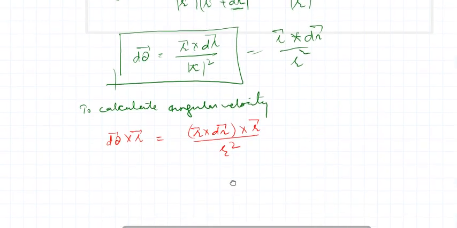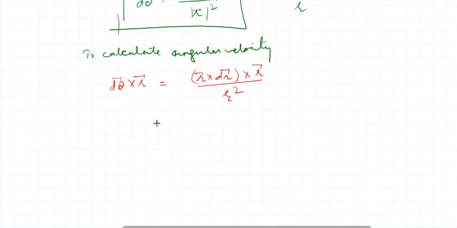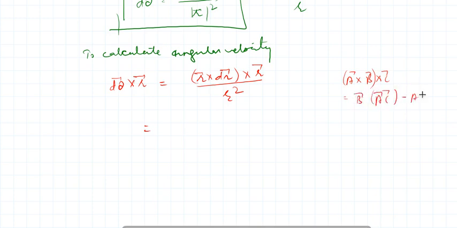Here I will use the cross product a cross b cross c, which can be written as b times a dot c minus a times b dot c, right?